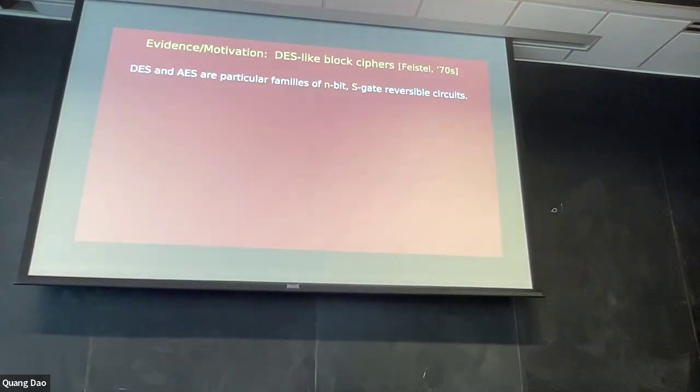So why might you think it's true, or why might you be motivated to hold it true? Well, things like DES and AES, which I'm not an expert on, there are better experts here, but they kind of look like this. Particular families of n-bit reversible circuits with some kind of gates in them. Maybe the gates are more complicated than these local gates, like you were saying.